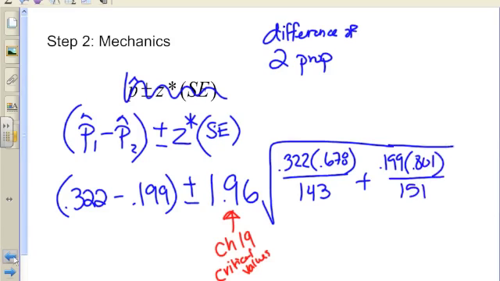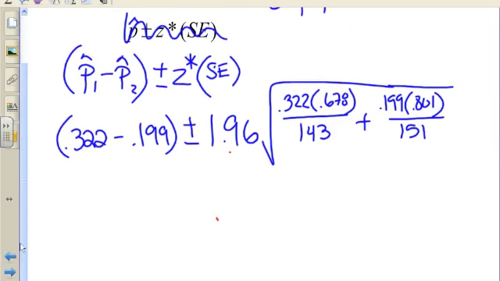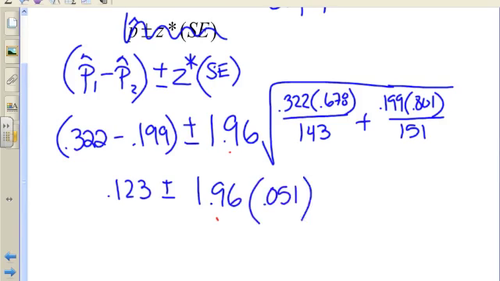Whew, this is a little bit of a beast to calculate, so it might help to chunk this up a little bit. Maybe do this subtraction first. It's 0.123 plus or minus 1.96 times this huge, long square root, which comes out to be 0.051. By the way, only because we're rounding is this the same standard error that we did in the hypothesis test. That shouldn't happen; it will very rarely happen. Coincidence, for those of you who noticed.